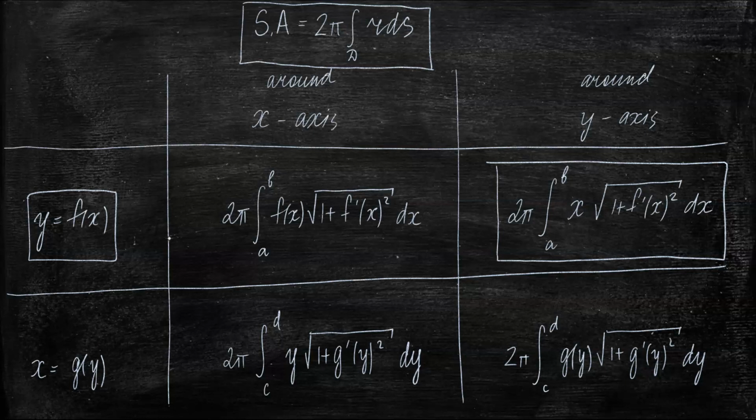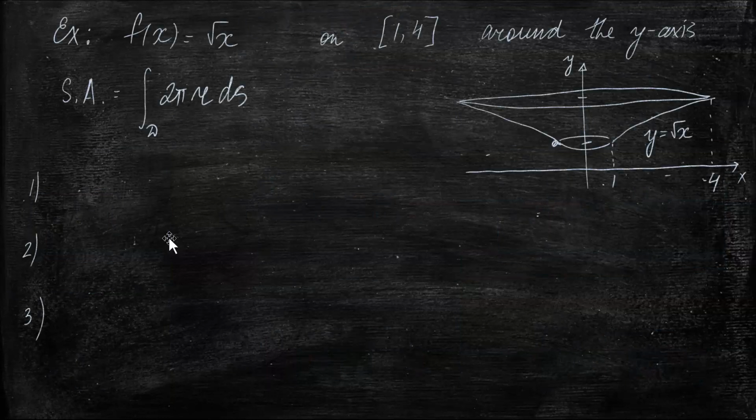So we can actually find that surface area by setting up this integral. And in this case, we don't have to do anything then, right? So we just set it up. So it's going to be the integral from 1 to 4 of 2 pi, r in this case is x, and ds is square root of 1 plus f prime of x squared dx.